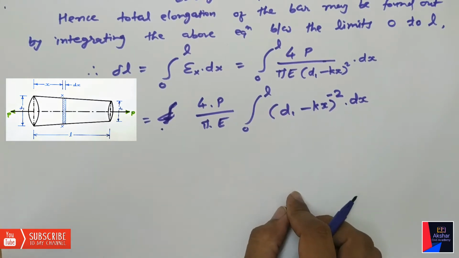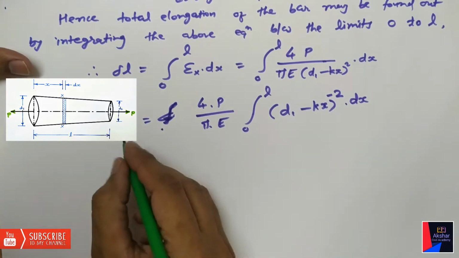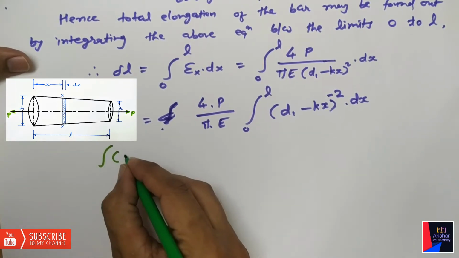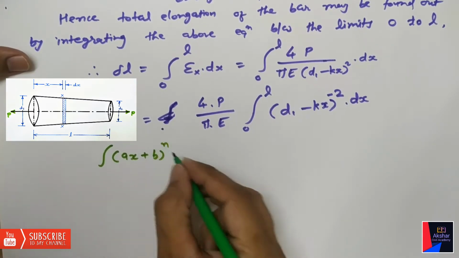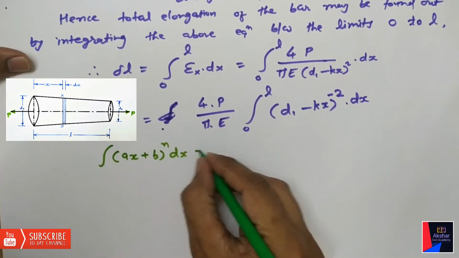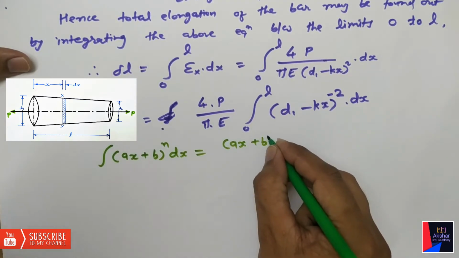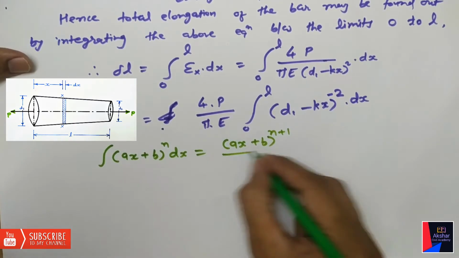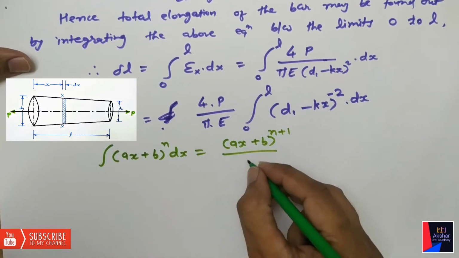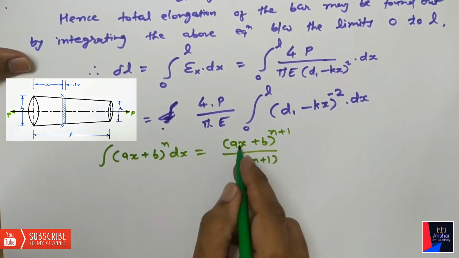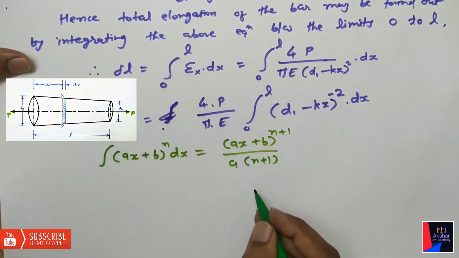Now we have the formula of integration. As we all know, if we have the integration of ax plus b raised to n dx, then the integration will be ax plus b raised to n plus 1, upon n plus 1, multiplied by the constant of the variable.